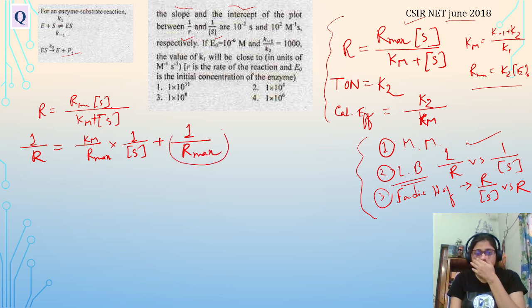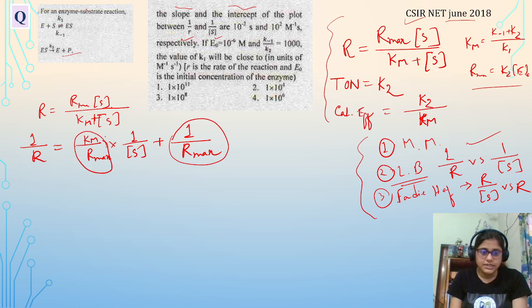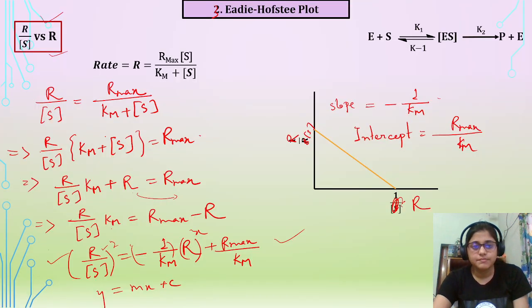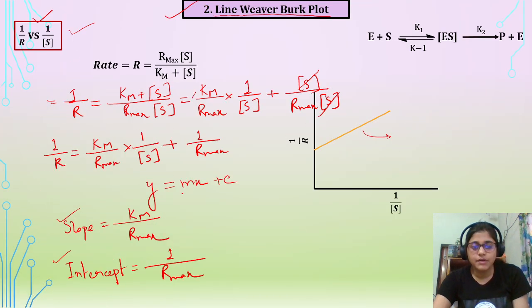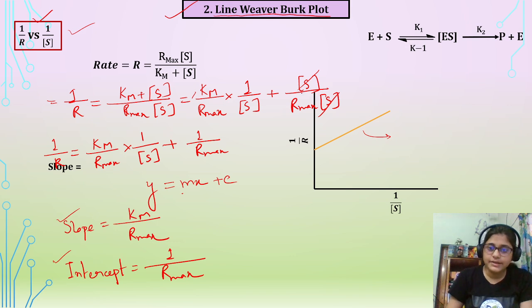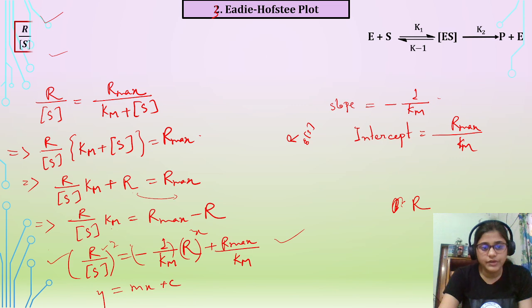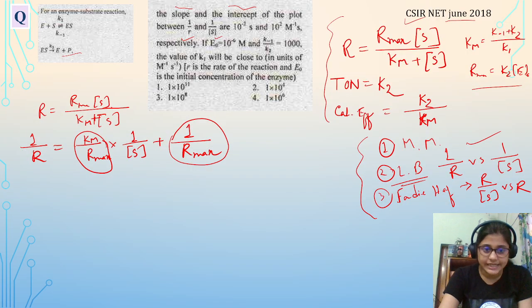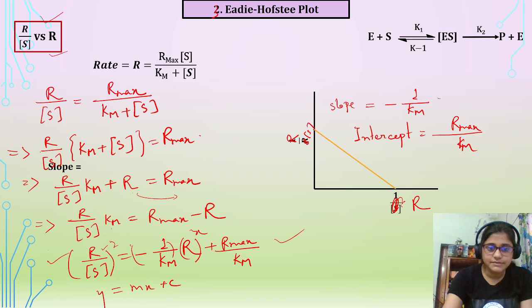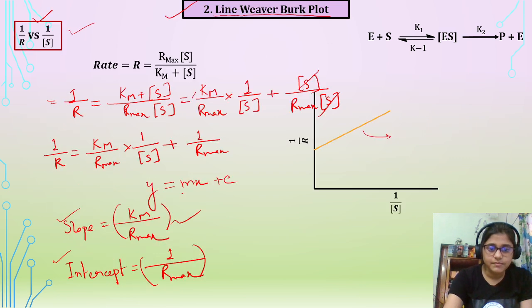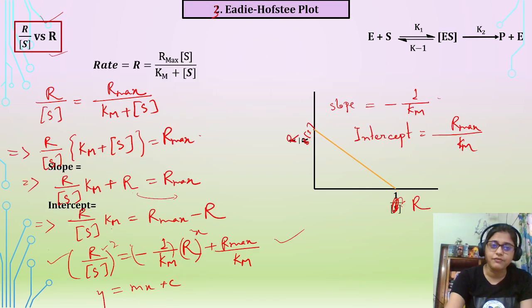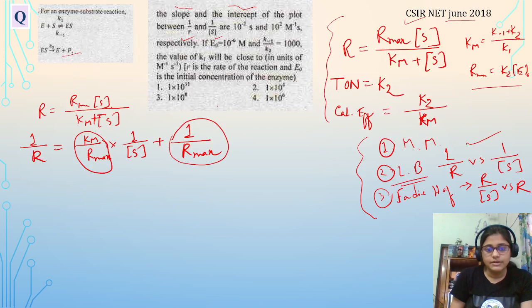So this will be the intercept and this will be the slope. In the previous slide, in the Lineweaver-Burk plot, the slope was Km by R max and the intercept was 1 by R max. So we have got that within a few seconds.